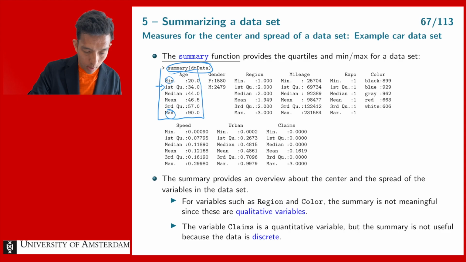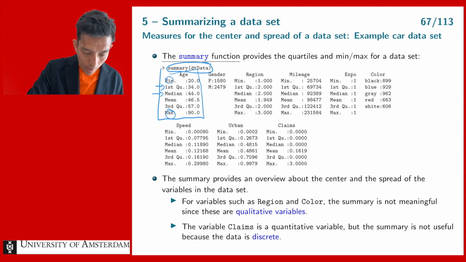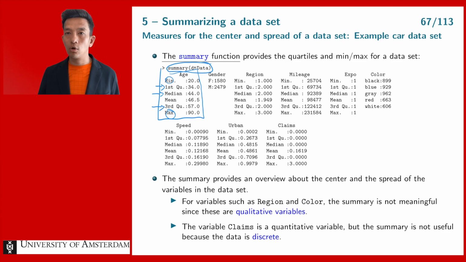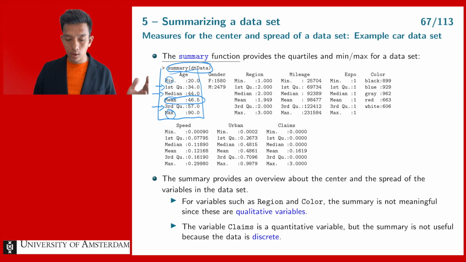I have my 50% quantile, this is the median, and my 75%. So the Q1, the Q3 can be used to get the interquartile range. And I have here a mean. So in this case, for the age, you see that the median and the mean are close to each other. It's 44, 46.5. That gives me the center.